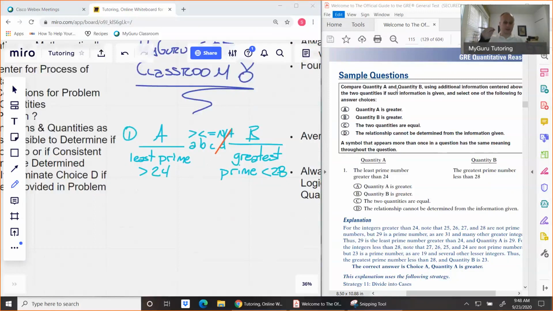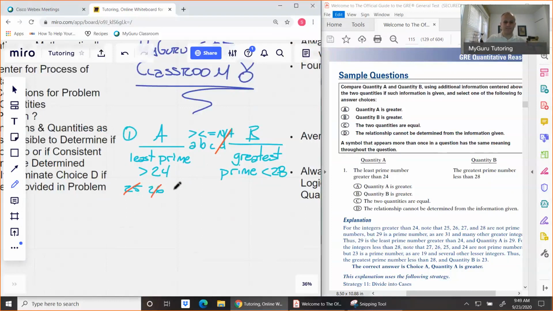So we can just try to work through quantity A here by thinking, are the integers, and it's only integers, that are greater than 24, are they prime? So is 25 going to be prime? No, right? Because it's divisible by 5. So how about 26? Well, no, right? Because it's an even.